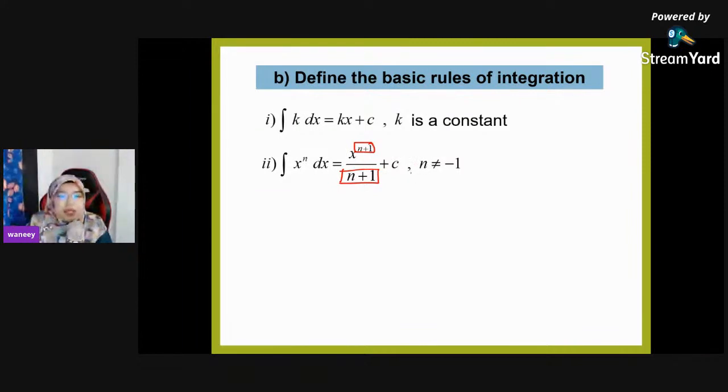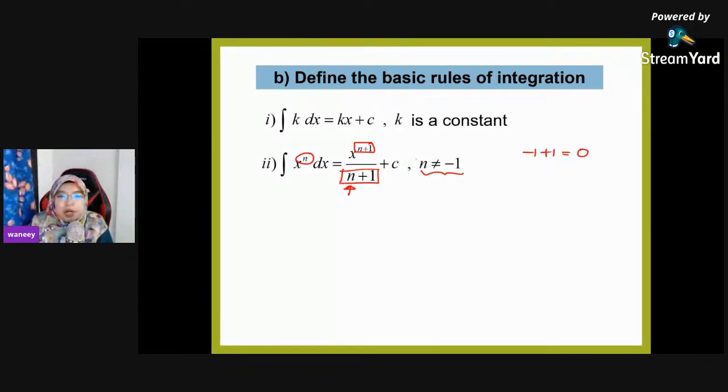But there is one restriction over here. The power shouldn't be negative 1. So why is that? If you refer to your denominator over here, we actually have n plus 1. Let's say n is equal to negative 1, then it becomes negative 1 plus 1, which is simply equal to 0. But this is in our denominator, so we cannot let our denominator equal 0.